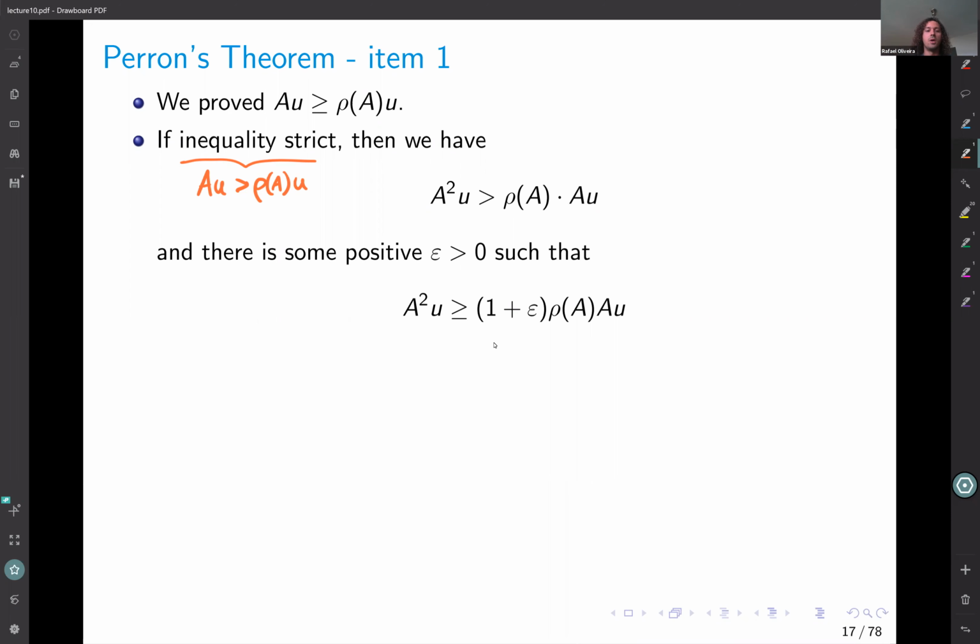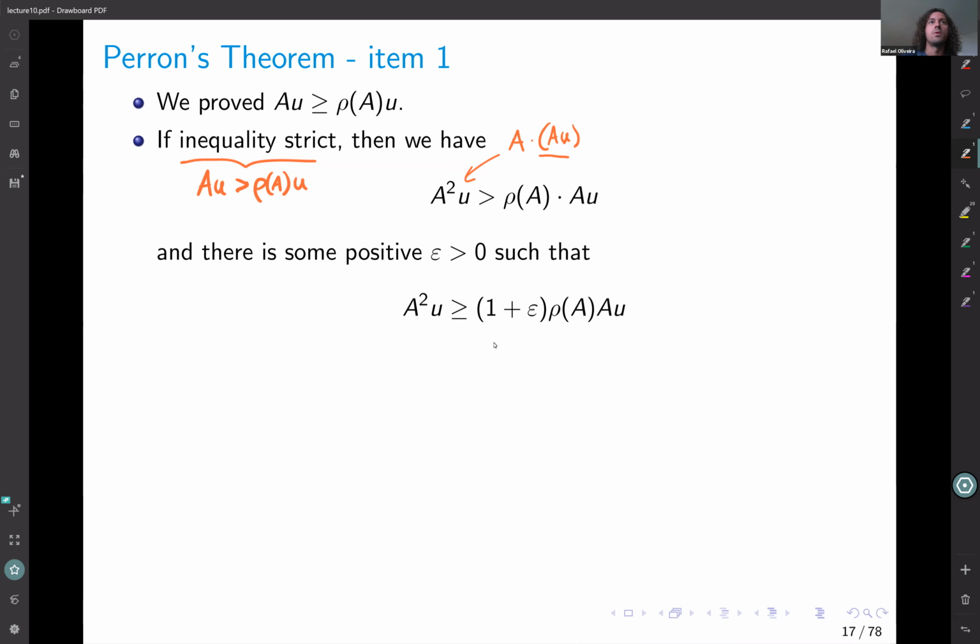So I can multiply on both sides and I get that A squared times u is bigger than rho of A times Au. And now you should think of this as A times the vector Au. Now remember, we have that the vector A times u is bigger than rho of A times u.